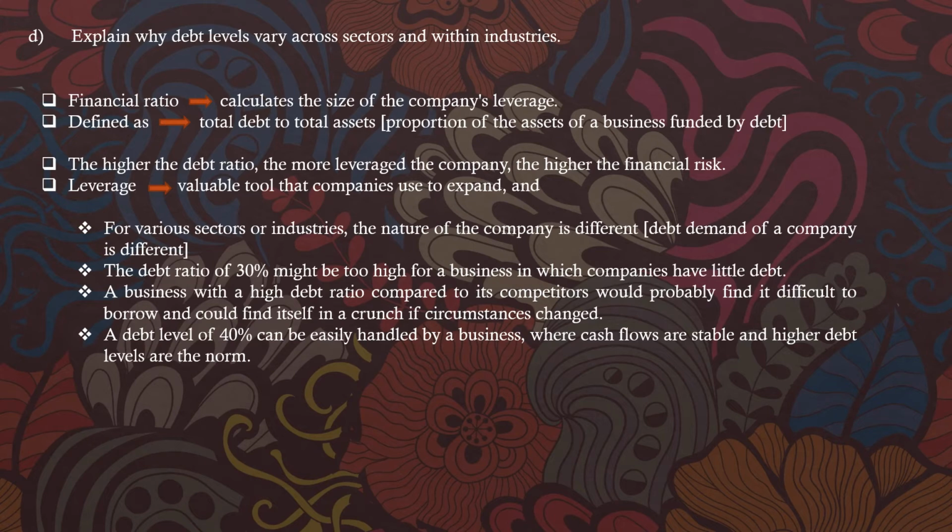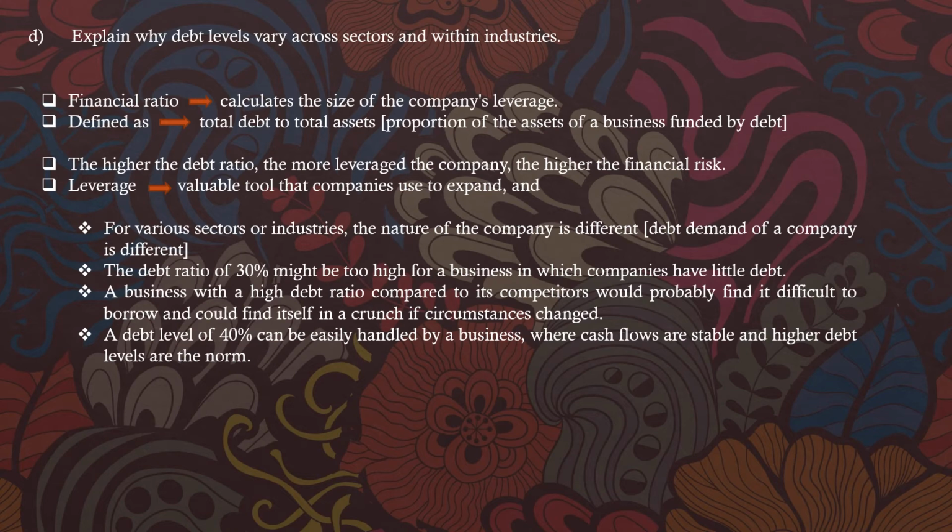For various sectors or industries, the nature of the company is different, as a result of which the debt demand of a company is different. A debt ratio of 30% might be too high for a business with volatile cash flow, in which most companies have little debt.